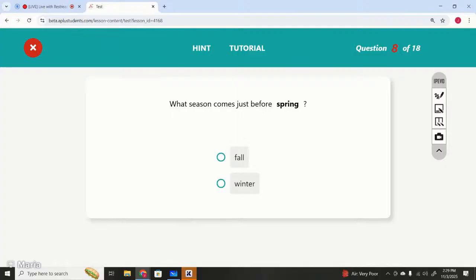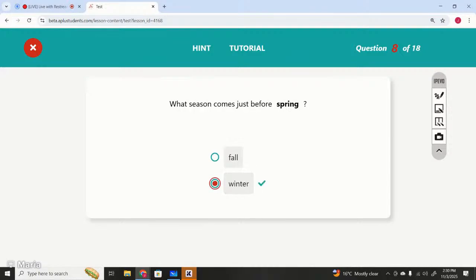Which season comes just before spring? Just before spring it is winter.